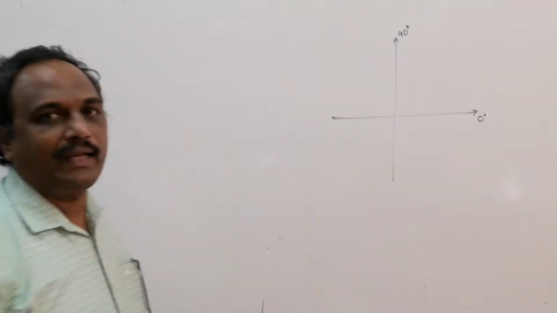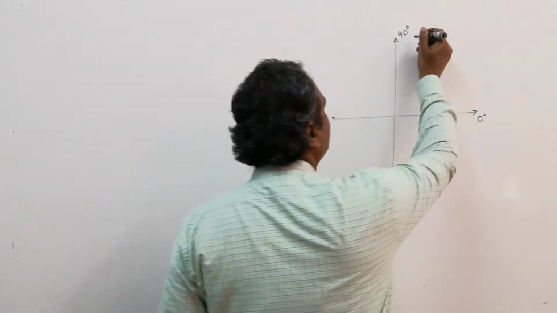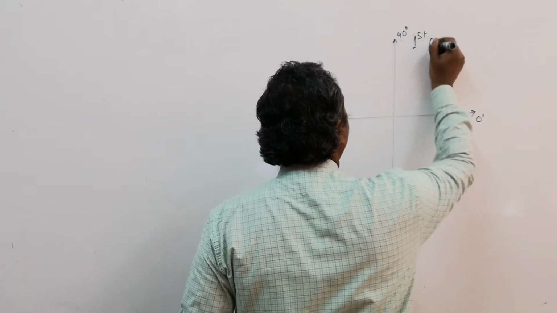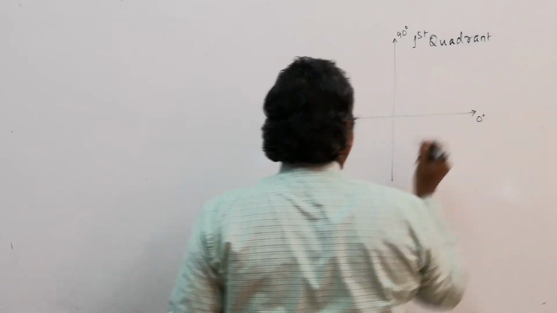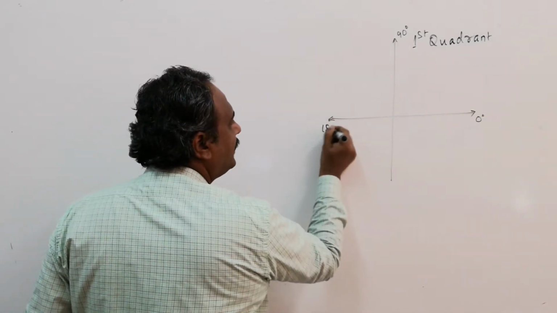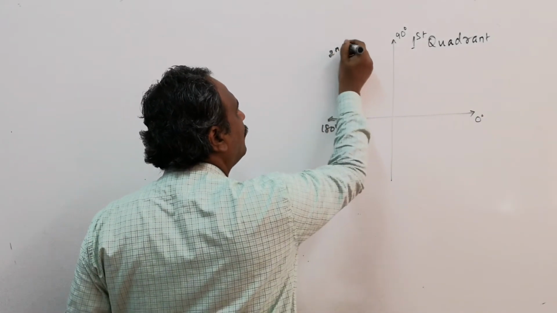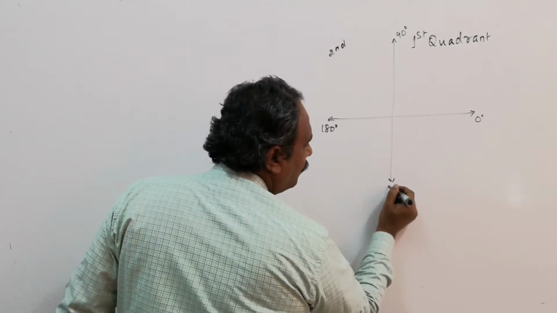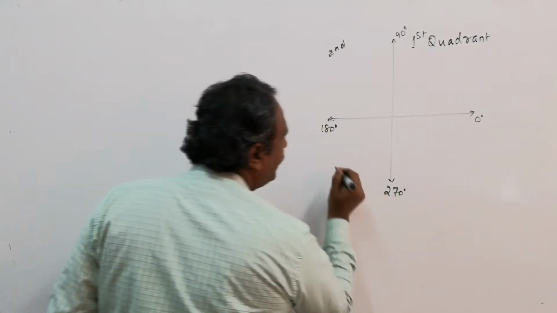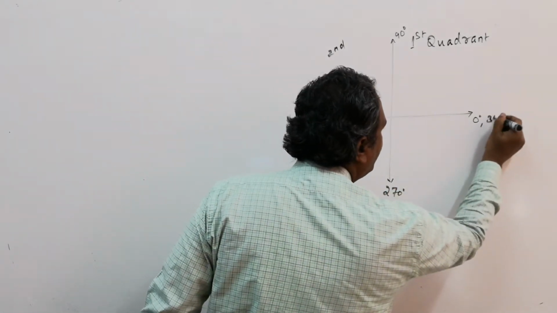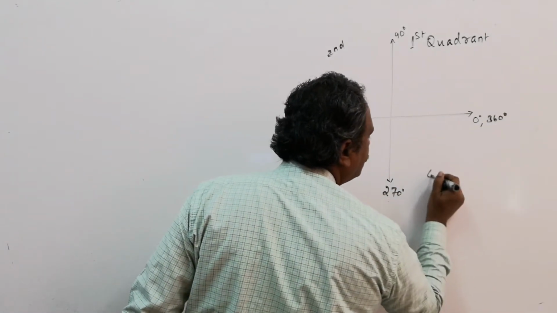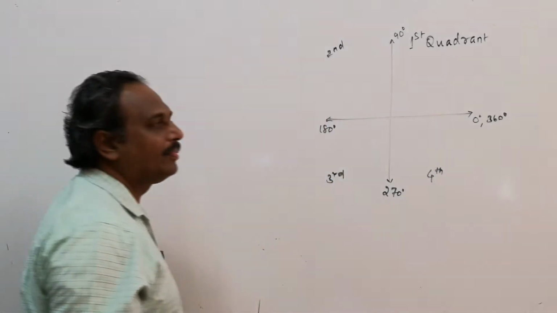From 0 to 90 degree is called the first quadrant, and 90 to 180 degree is called the second quadrant. 180 to 270 degree is called the third quadrant. Again, when we reach back, this is 360, this is the fourth quadrant.